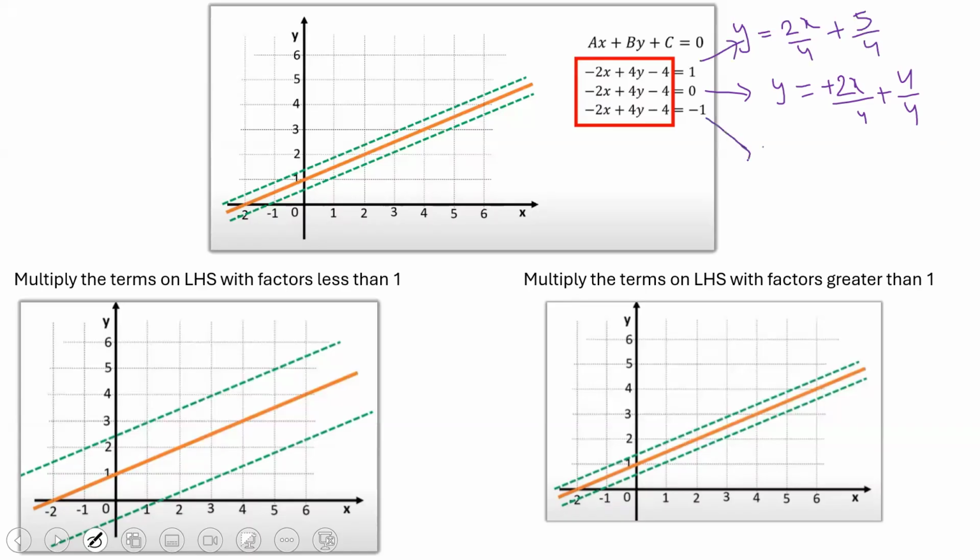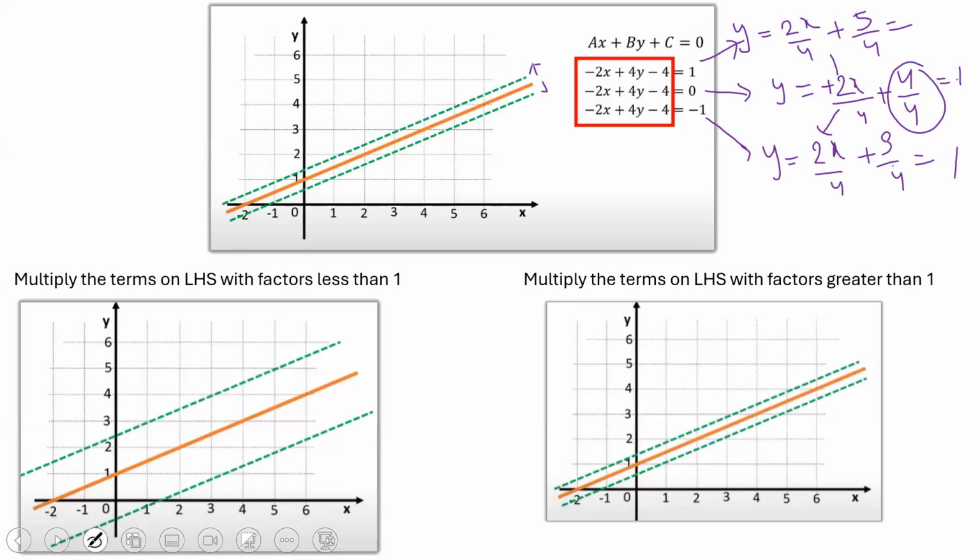The other is y equal to 2x by 4 plus 3 by 4. The slope of all the lines is the same, so all of them will be parallel. Here the intercept is equal to 1, here it is greater than 1, here it is less than 1. As the intercept is less than 1, this line will move down. As the intercept is greater than 1, this line will move up.